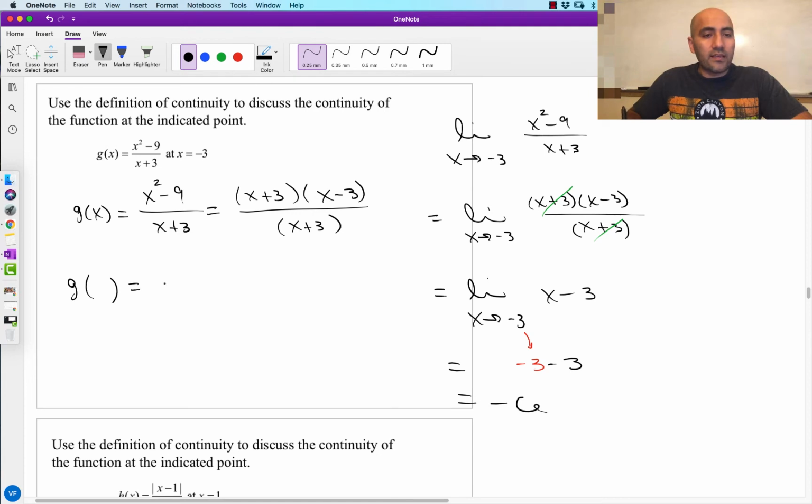g of x equals x squared minus 9 all over x plus 3, and then we try and evaluate this at x equals negative 3, we're going to end up with a 0 over a 0. So that's an indeterminate form, undefined, for this value.